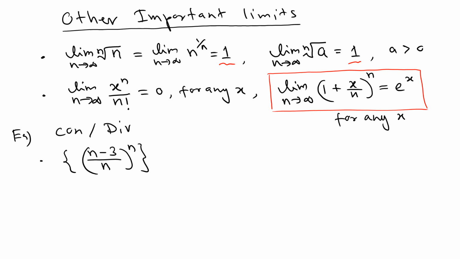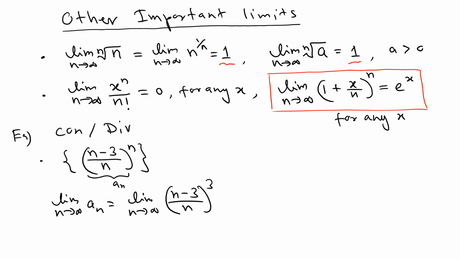So if you have a sequence where the nth term is like that, what's going to happen? Call this the nth term a_n. As before, take the limit as n goes to infinity of a_n, which is the limit of n minus 3 over n, to the n.